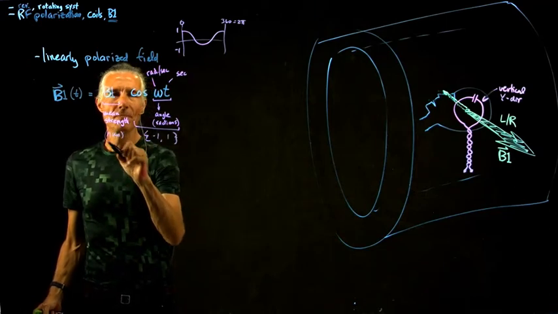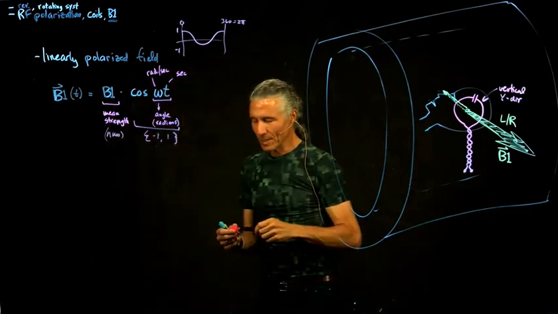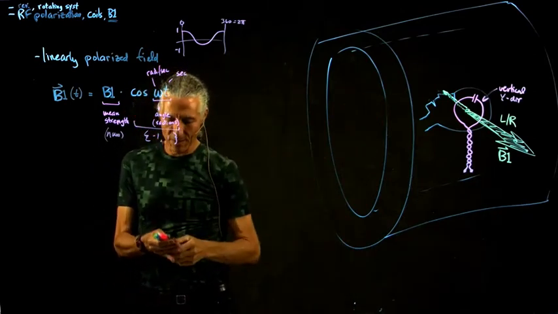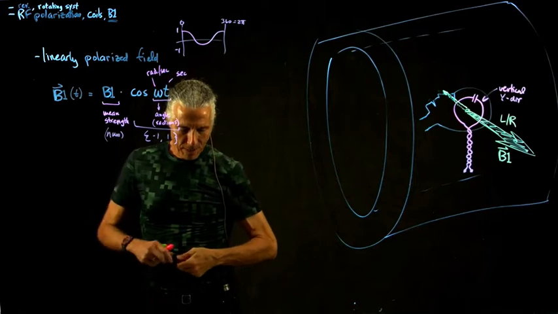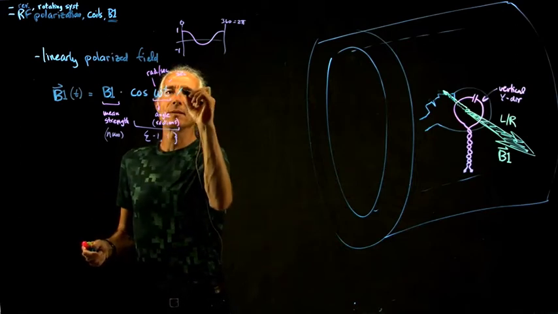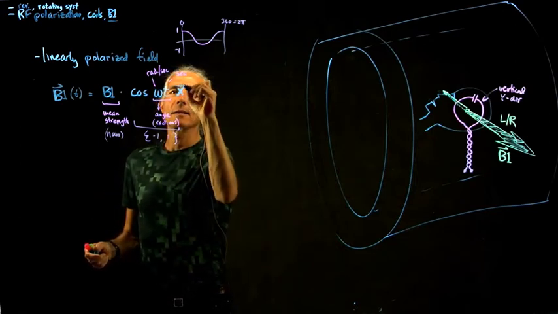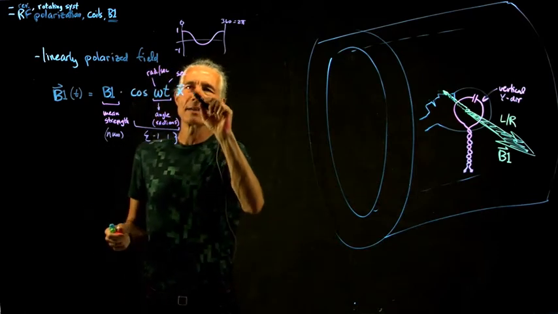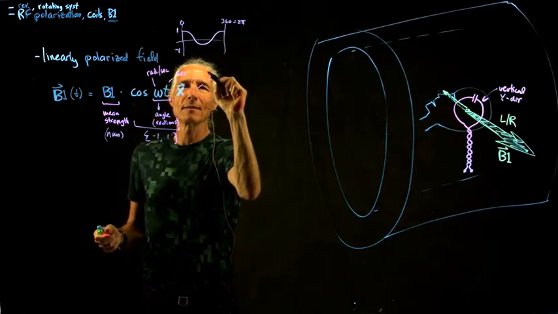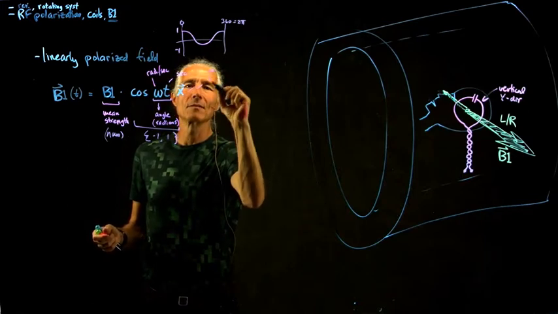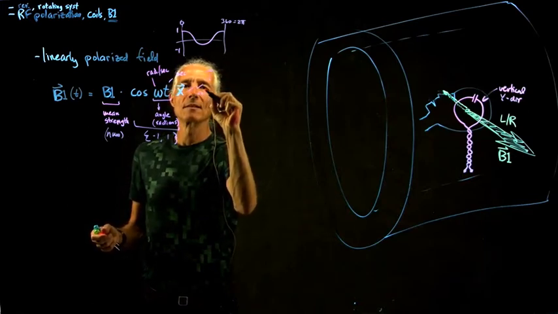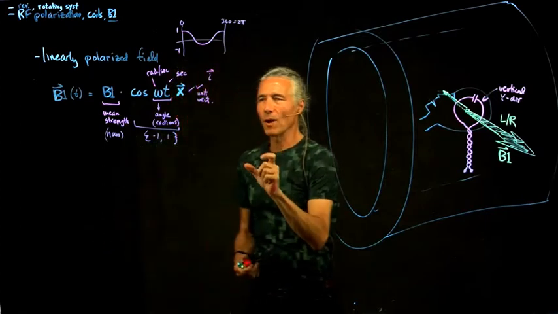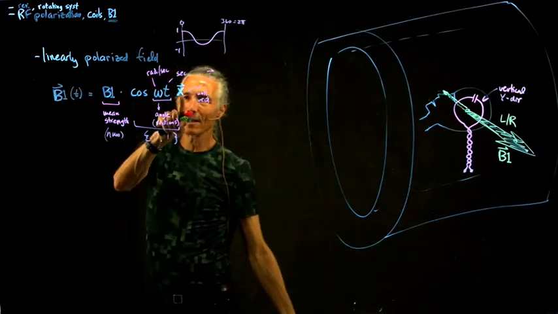And then we still have to have a direction. If we have a vertical coil, the direction is going to be the x direction, so we multiply it by our x unit vector. I could have written it as I, the same thing we wrote before. A unit vector means a vector of length 1, so it gives the direction.